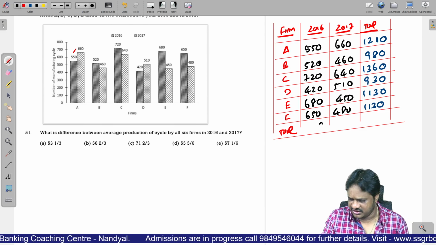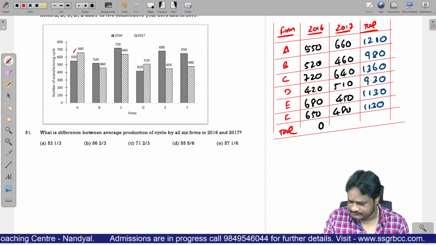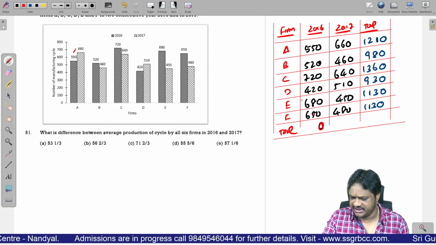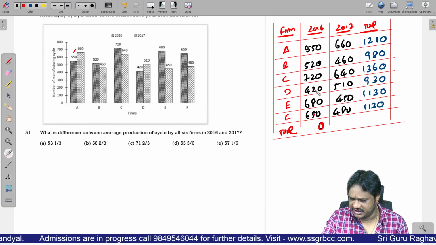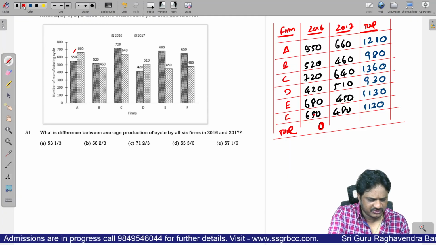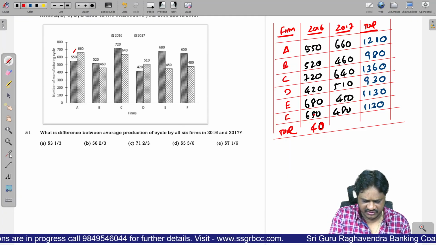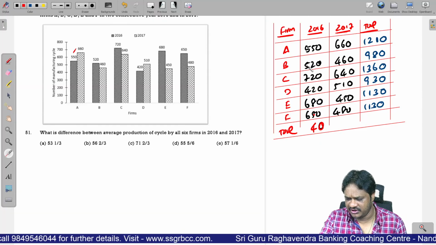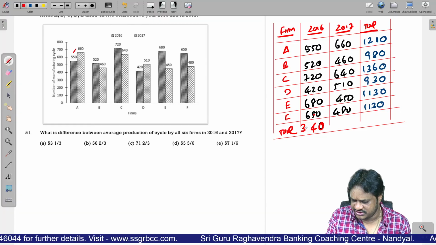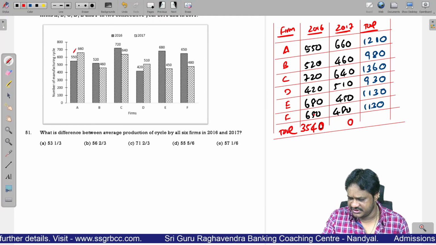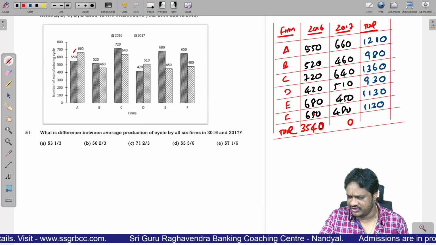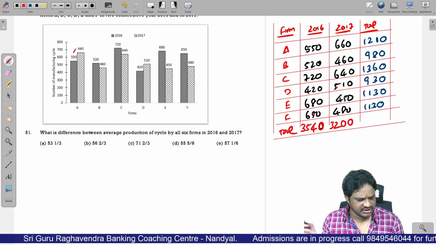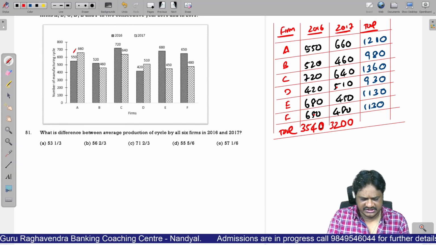Let us do the vertical total. 5 plus 8, 13, 15, 17, 19, 24. 24 means 2 is the carryover. 2 plus 6, 8. 8 plus 6, 14, 18, 25, 30, 35. It is 3540. Now this one: 8 plus 5, 13, 14, 18, 24, 30, 37, 41, 46, 52, 56, 62. It is 3200. Now let us answer the question.